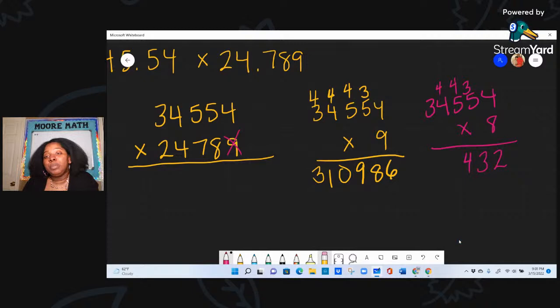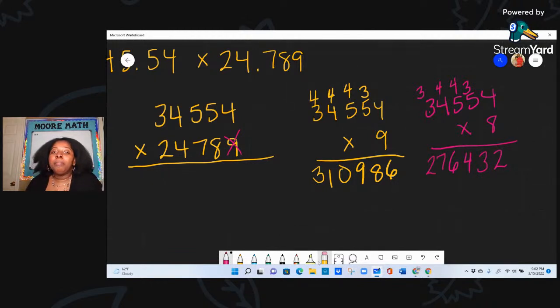The hardest part is just keeping track of all of these numbers. It's 5 digit by 5 digit, which is just insane. Okay, 4 times 8 is 32, plus 4, 32 plus 4 is 36. 3 times 8 is 24, and 24 plus 3 is 27.